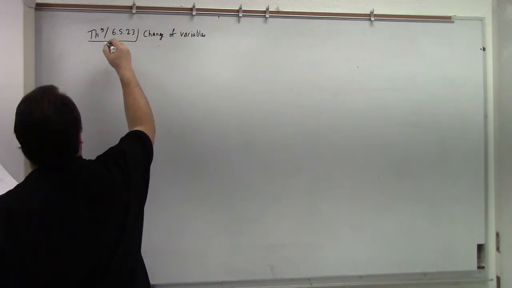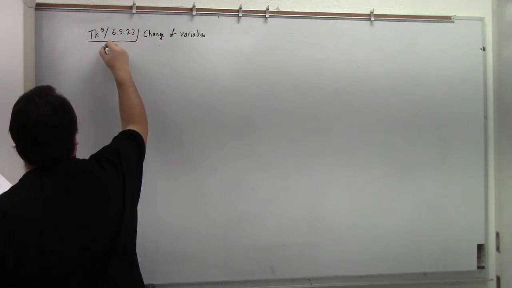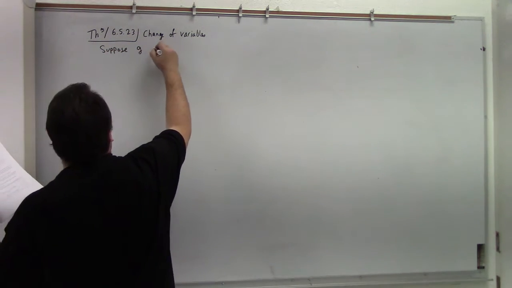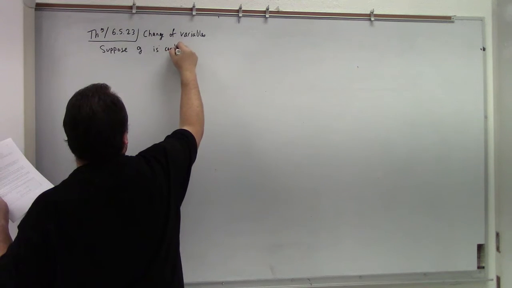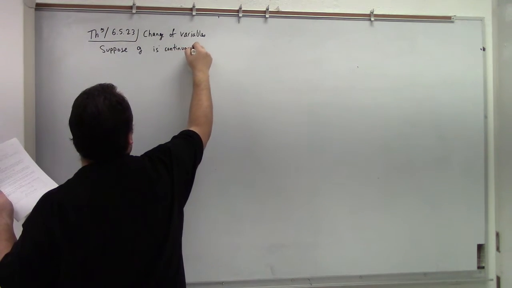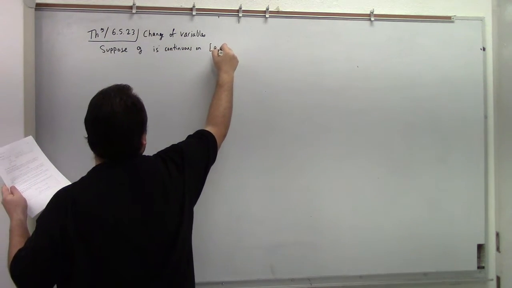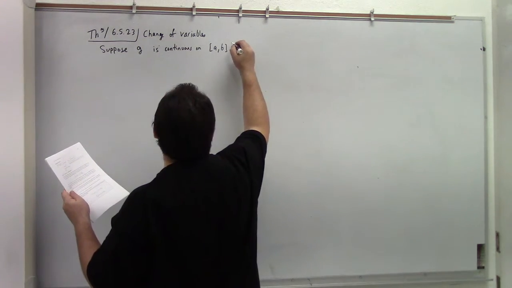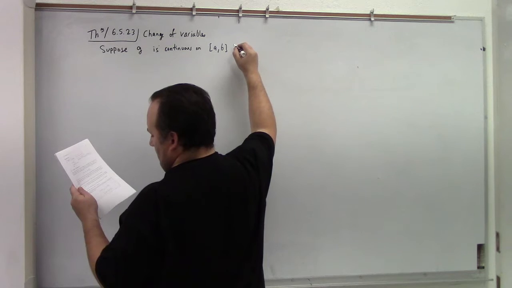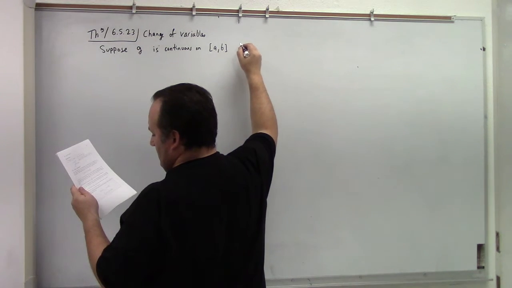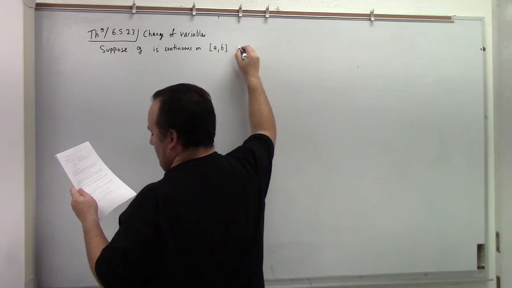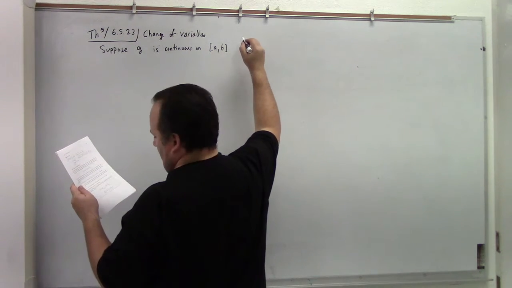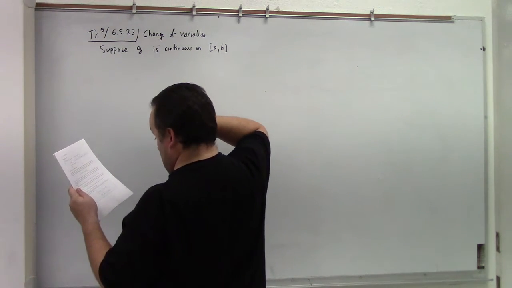And so here's the preconditions. Suppose g is continuous on the closed interval from a to b, with, well, my theorem in the notes is a little bit more.